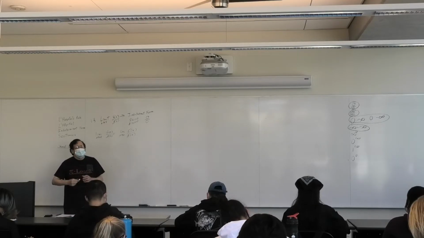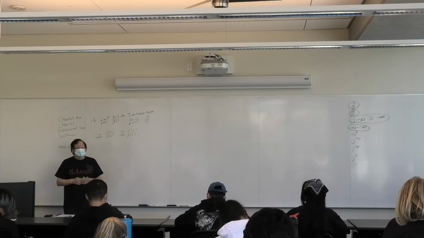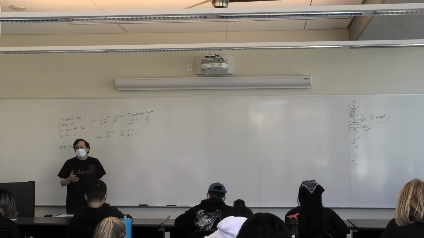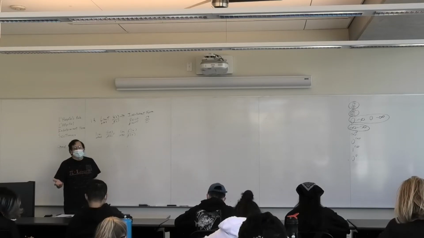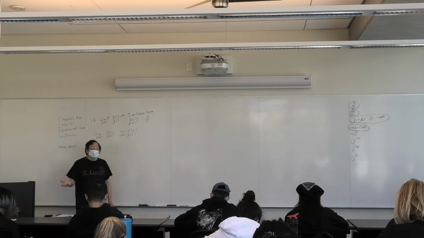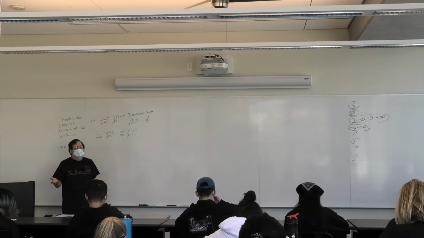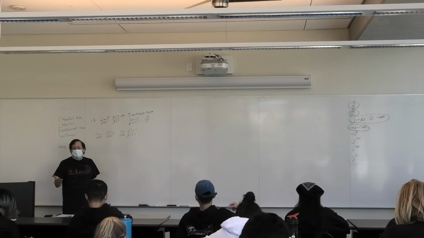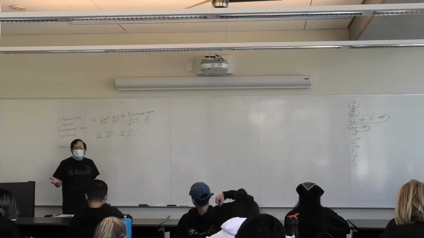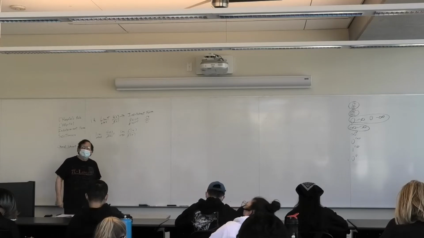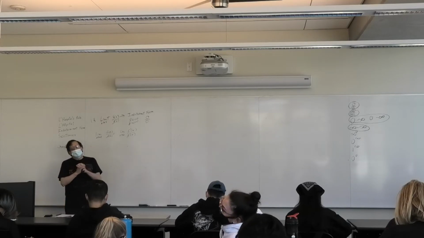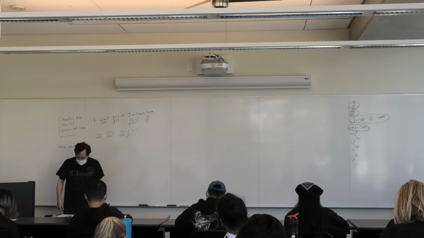You can write things like the product rule, because that's not something easy to remember. You can write the phone number of someone you want to call. You won't be able to, but you can look at it. Whatever you want.